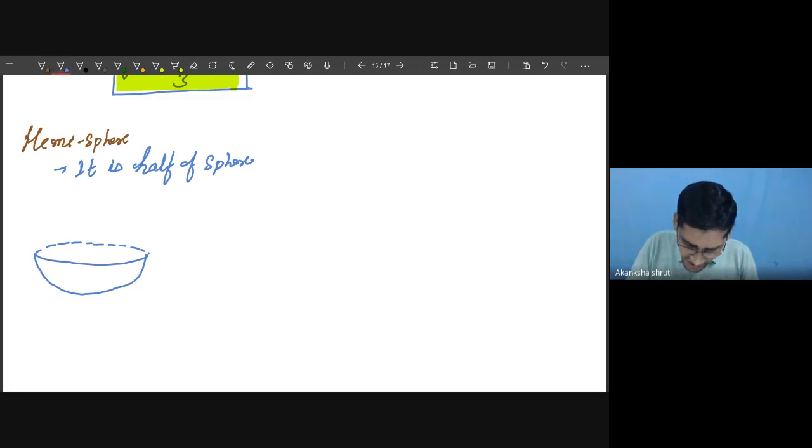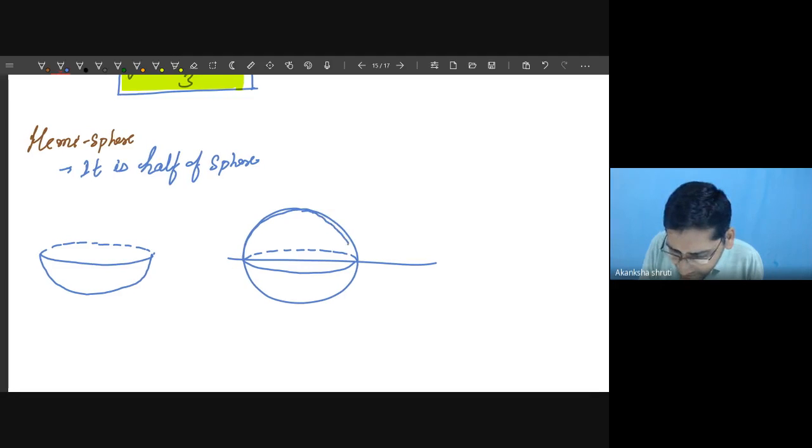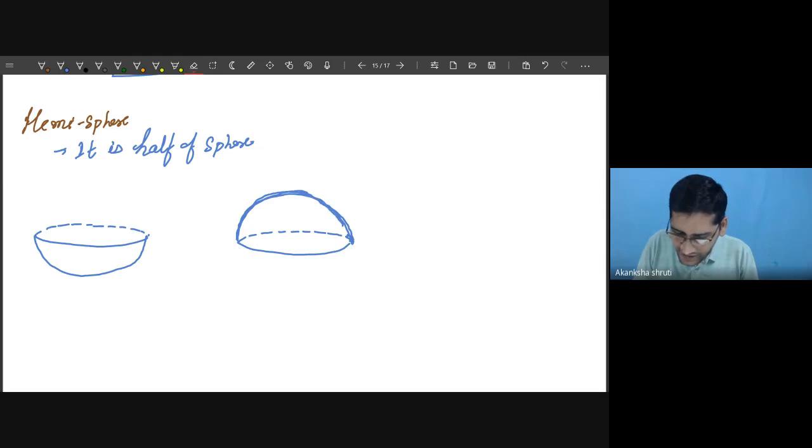If one is interested in taking the upper half, one may cut like this and take the upper half. So let us keep the upper half only. Keeping this upper half and removing the lower half, we get it like this.